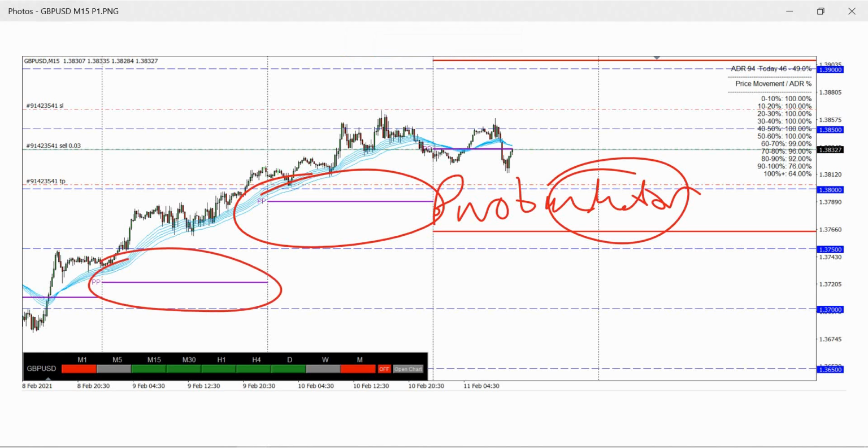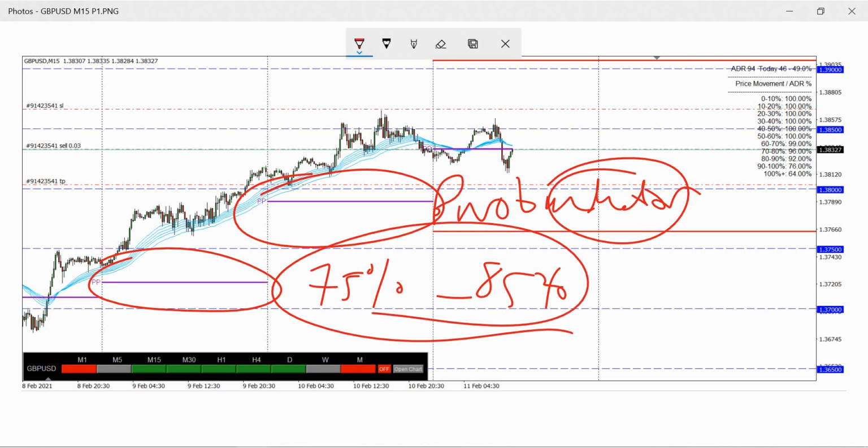And you'll notice most of the time, and I've done a video of this and I'll link to all of this inside the description, that the daily pivot is hit 75 to 85% of the time. Yeah. And as you can see in these two particular examples, it hasn't hit that. And again, that is one of the reasons why I've gone short in this particular example.